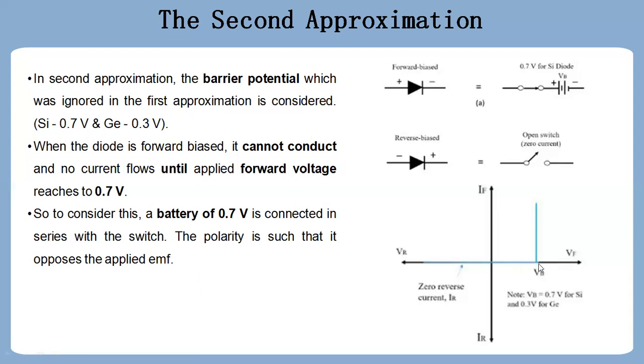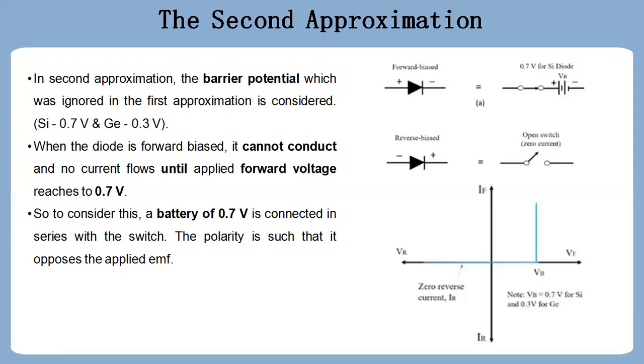At 0.7 for Si or 0.3 for Ge, we get the output, right? So we are considering the barrier potential in our second approximation. And in reverse bias, as it is acting as an open switch, we won't get any output. So this was about the second approximation.